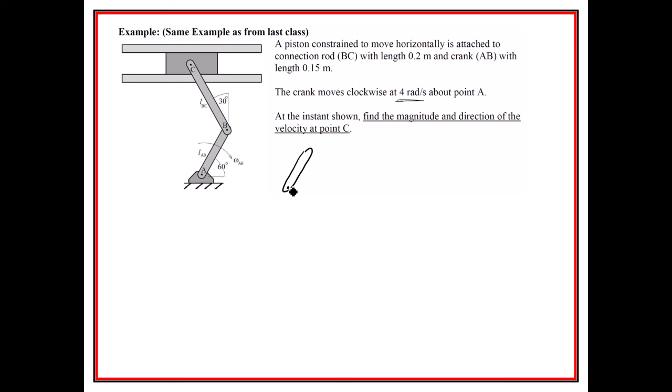So the instantaneous center of rotation is at A, and it is rotating clockwise, so its velocity is coming down this way. That we can find VA, and that's VB.